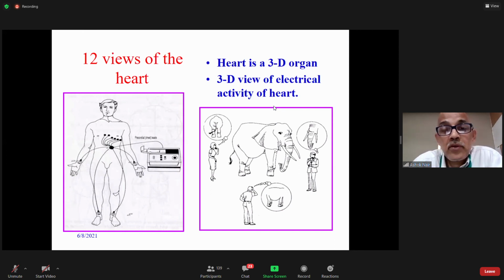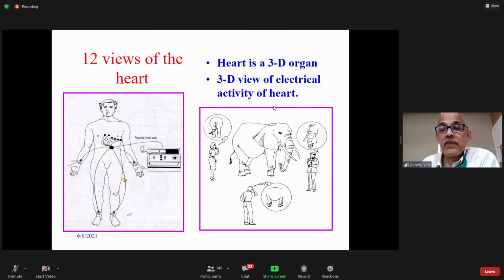Now, heart is a 3-dimensional structure. And if you look at it, the impulse generated at the SA node moves towards the AV junction and towards the apex of the heart. Electrical activity is spreading in a 3-dimensional way. But electrodes are connected at different locations.